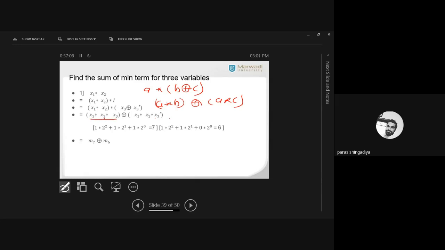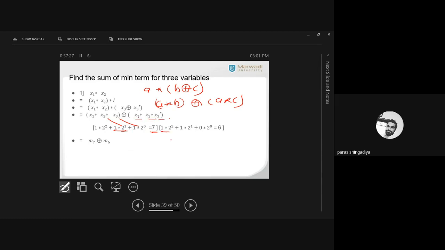All are normal value. So min term में सभी की आउटपुट क्या होगा, 1 होगा. So 1 into 2 raised to 2 for x1, 1 into 2 raised to 1 for x2 and 1 into 2 raised to 0 for x3. So total will be 7. ठीक है, 4 plus 2 plus 1 that is 7. And now for second bracket x1 x2 x3 dash.